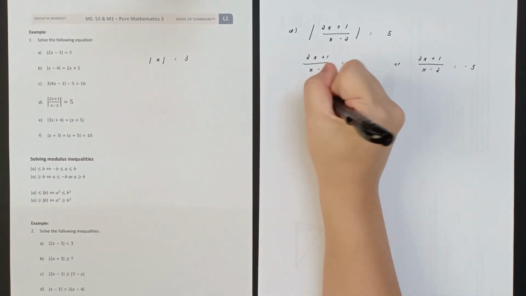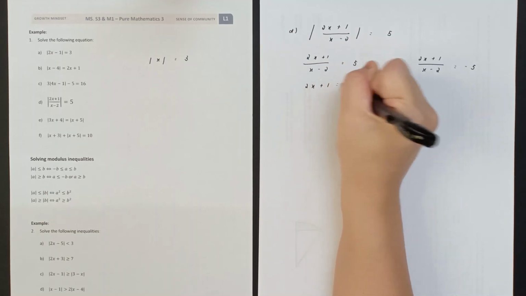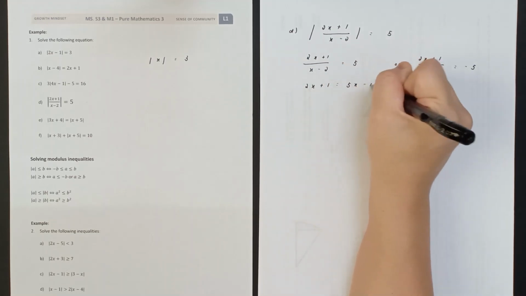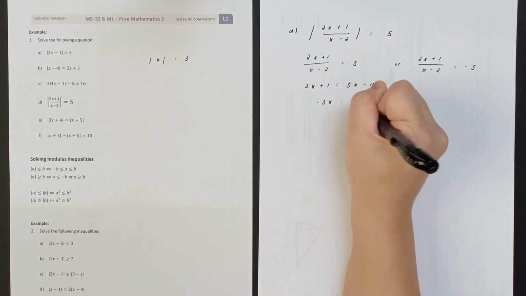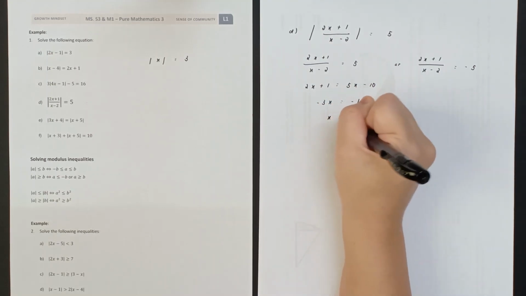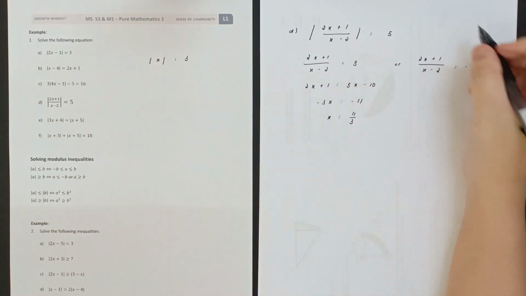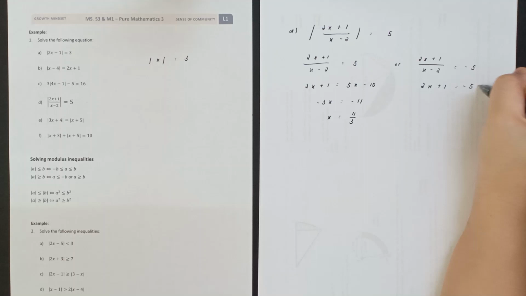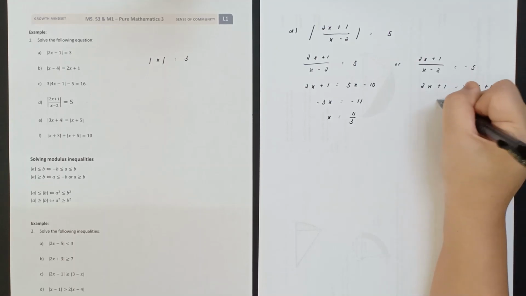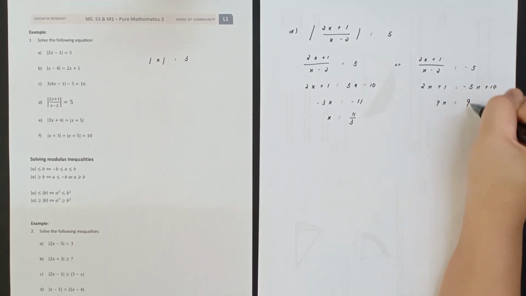So 2x plus 1 equals 5x minus 10. So -3x will be equal to -11. So x equals 11/3. So 2x plus 1 equals -5x plus 10. 7x equals 9. x equals 9/7.